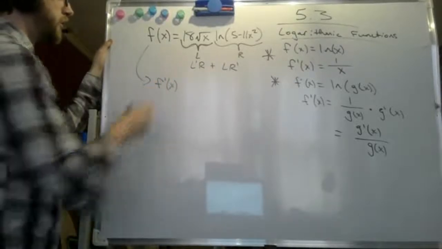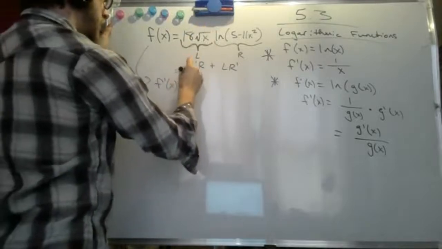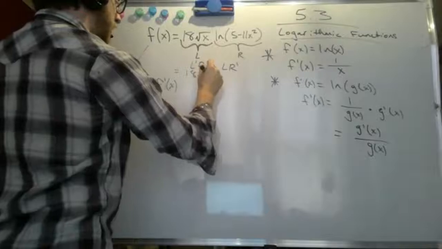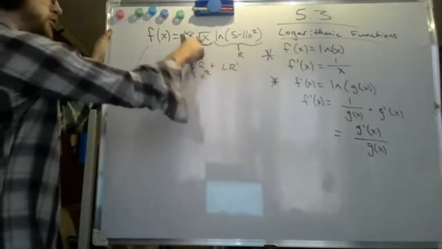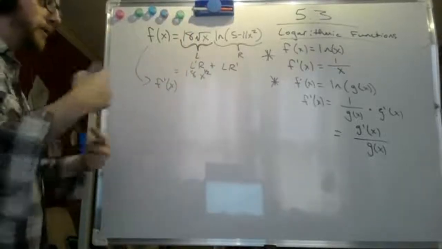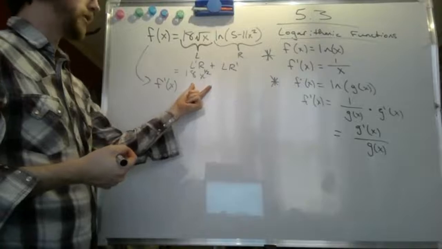So first, I'm going to rewrite this function where I've got the square root of x. I'm going to rewrite that as 18 times x to the 1/2 power, which is equivalent to the square root, but writing it this way with the 1/2 power makes it a little easier to see how to apply the power rule, since we're going to need it when we take the derivative.